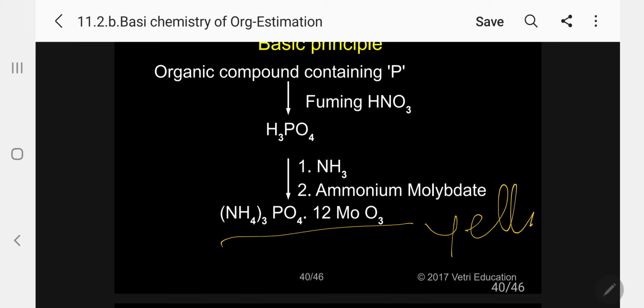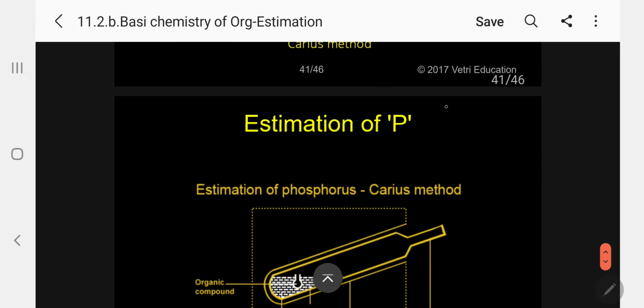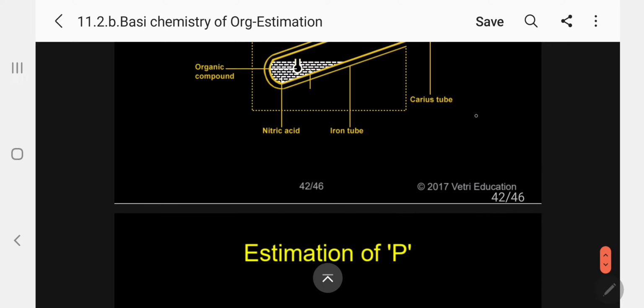The molecular formula of ammonium phosphomolybdate should be memorized. This is the tube we have used, and this is the experimental part.